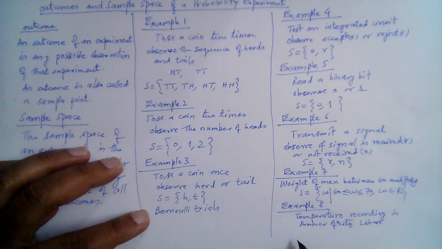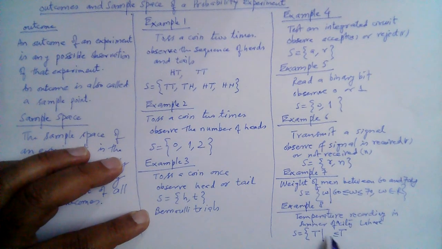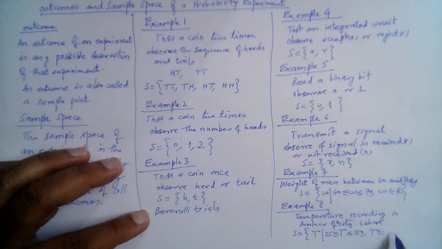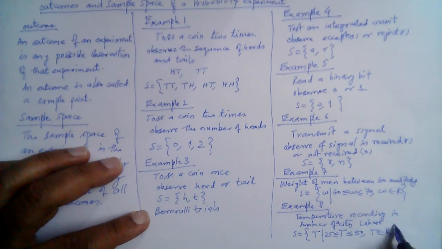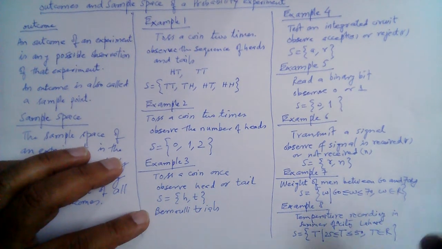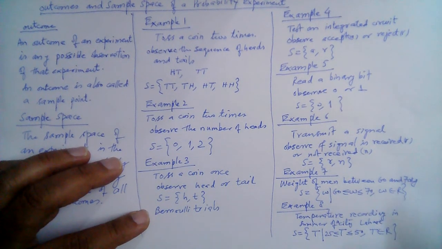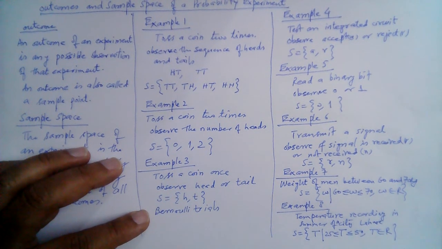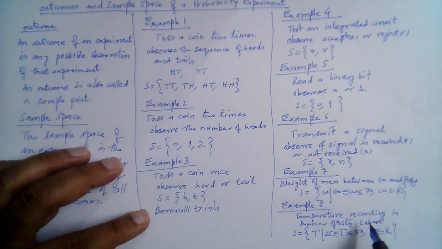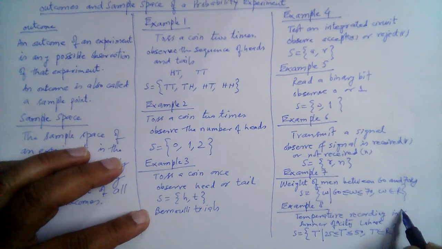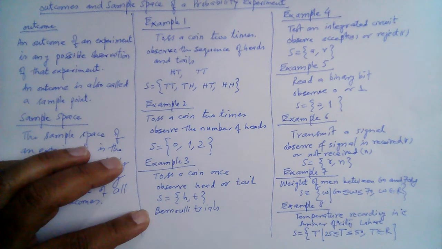This is also a continuous sample space. So this is temperature, while the temperature is, for example, greater than or equal to 25 and less than or equal to 50, while temperature is an element of the set of real numbers. So this is another example of a sample space, right? The outcome could be, for example, on a hot day, 42 degrees Celsius, 43 degrees Celsius, right? The temperature recording in degrees Celsius, right? Let me specify in degrees Celsius.